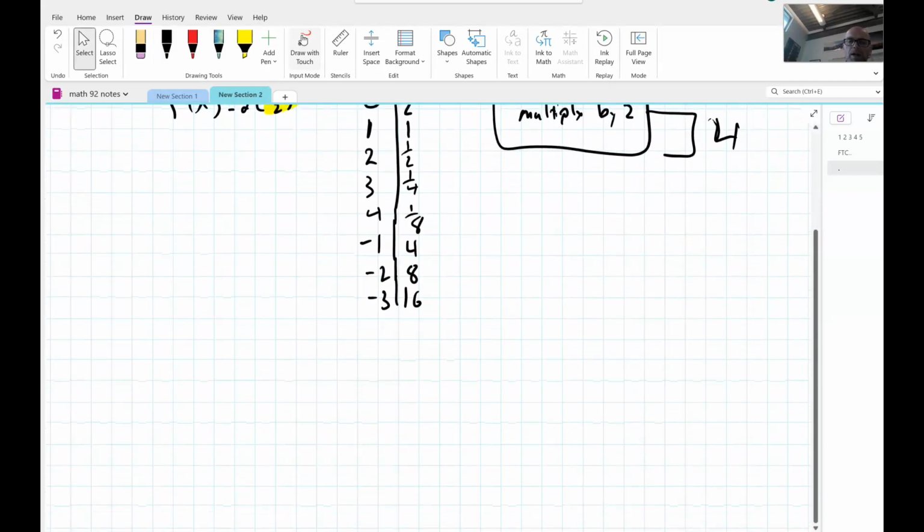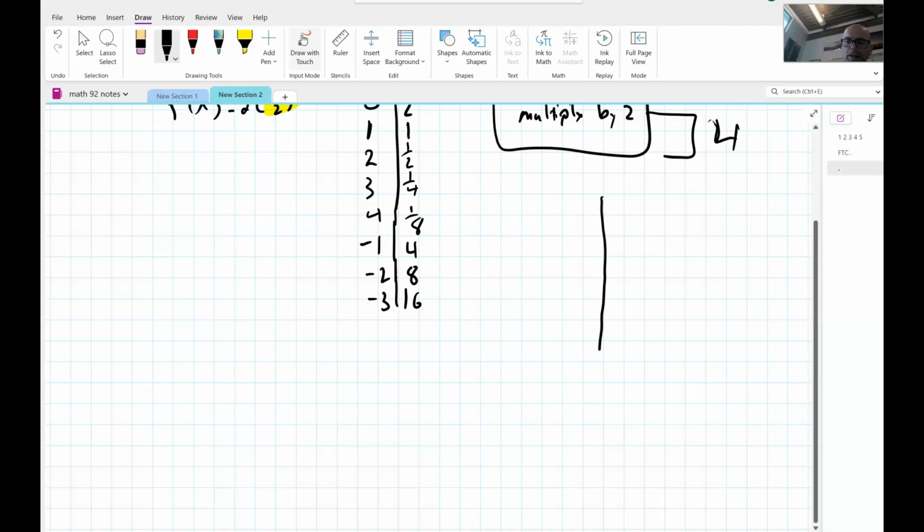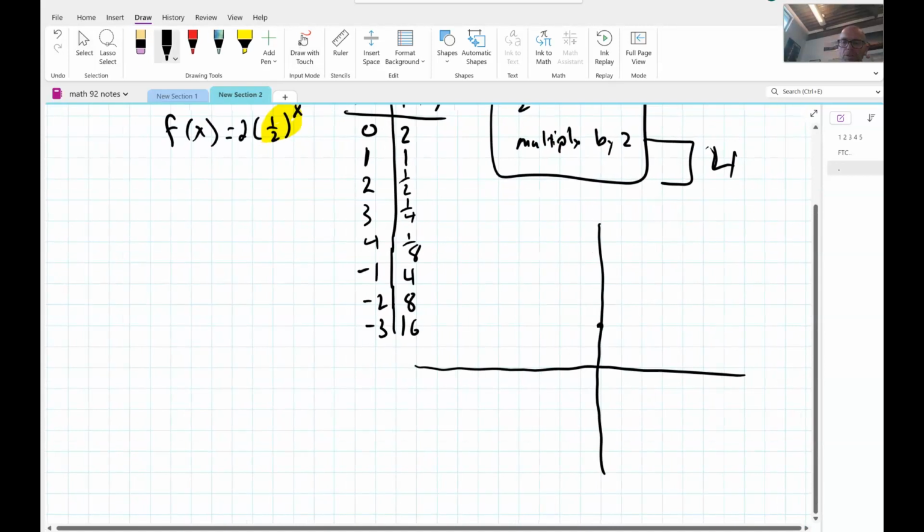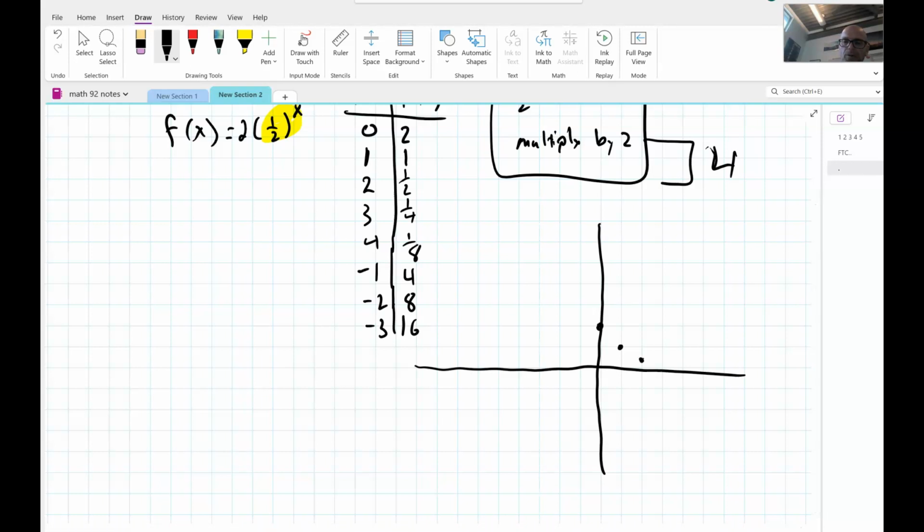And so then when we graphed it, we saw that at 0 it was 2, at 1 it was 1, at 2 it was 1/2. But if we go the other way, at -1 it was 4, at -2 it was 8, way up there. So we discovered that it looks kind of like this.